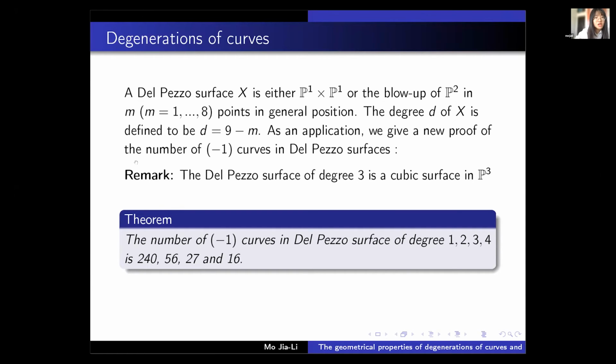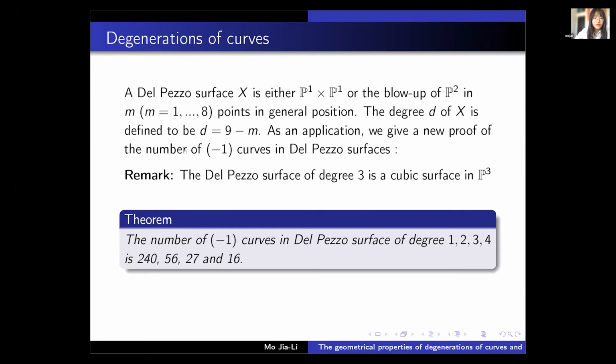Here is a remark to pay attention to: the pencil surface of degree 3 is a cubic surface in P3. Then there is the following theorem. The number of -1 curves in the pencil surface of degree 1, 2, 3, 4 is 240, 56, 27, and 16.